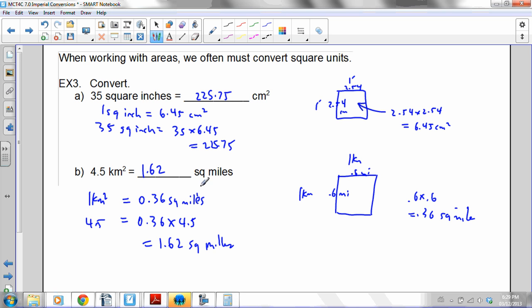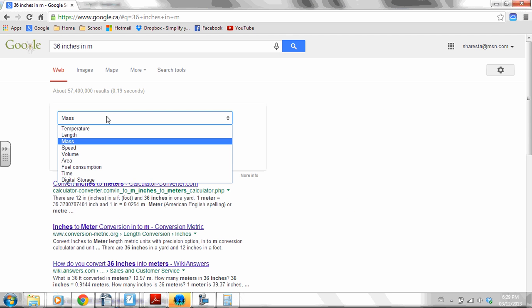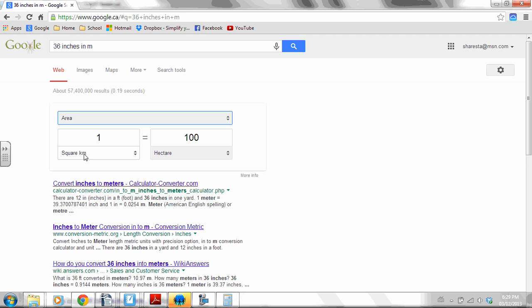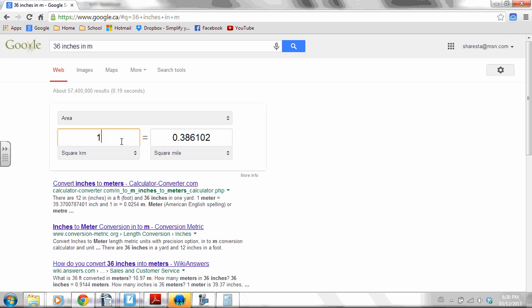They didn't have square kilometers to square miles, but guess who does? Yes, they do. Look at this. Area. Square kilometers, and then it has hectares, but we don't want hectares. We want square miles. And we didn't want 1 square kilometer. We wanted 4.5 square kilometers, and it says 1.7.